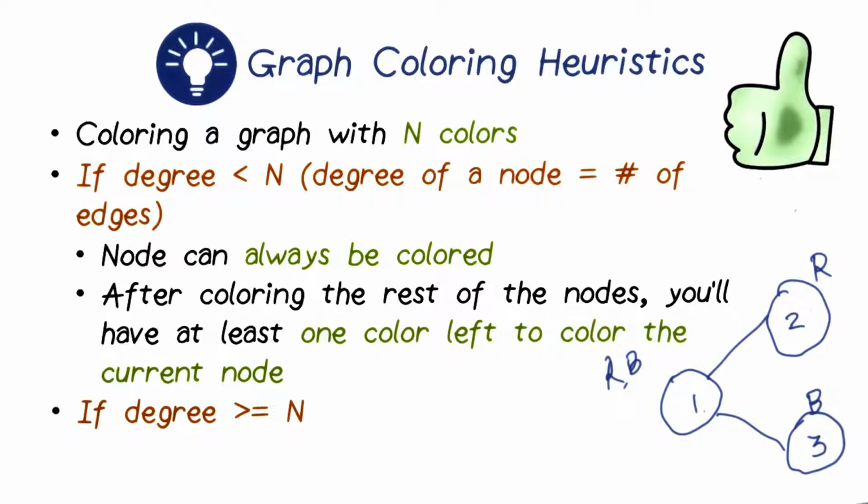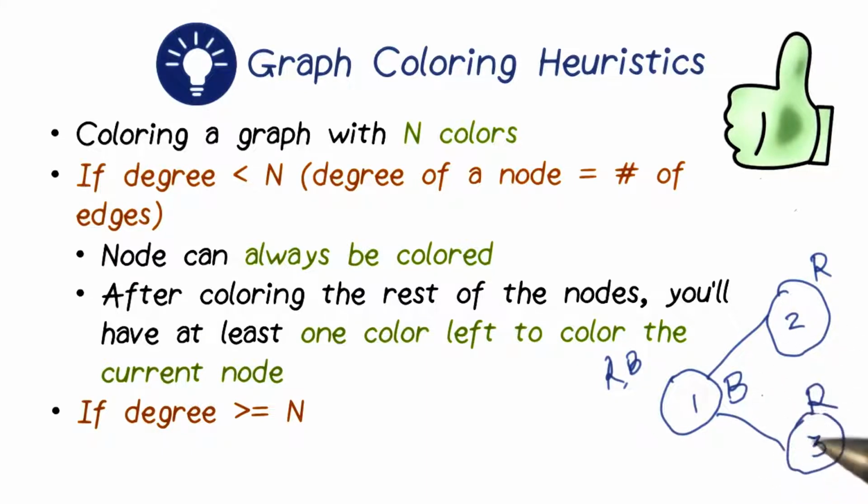We won't have any color left in this particular case, and we might have to spill this node. But as you can easily see here, it would be foolish to unnecessarily use the color blue here. What we could have done is give this node a red color as well, and now we could color this particular node with blue. So you can see in this case that even though the degree is equal to 2, the neighbors can share the colors, and therefore we can still color this using 2 colors.